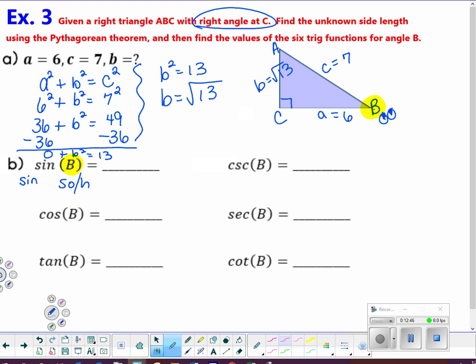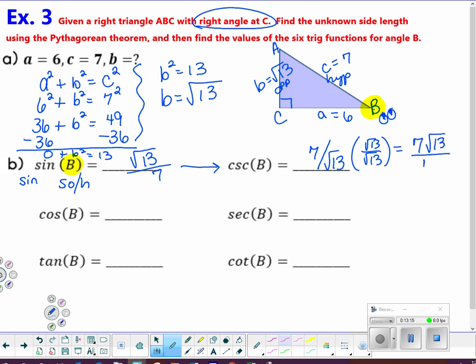So b, this would be opposite, and then hypotenuse. So I'm going to have root 13 over 7. Its reciprocal function will be 7 over root 13. I suppose we should rationalize this, so we're going to multiply by square root 13 over square root 13. And that's going to give us an answer of 7 root 13 over a nice normal 13.